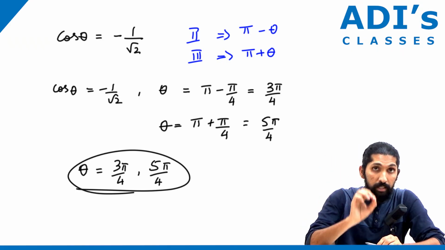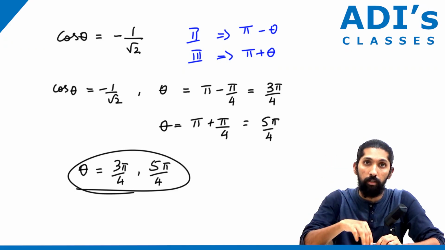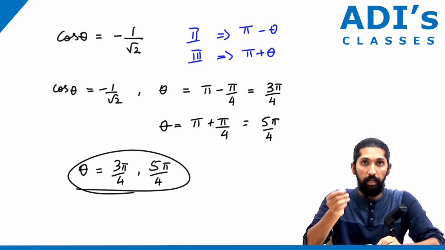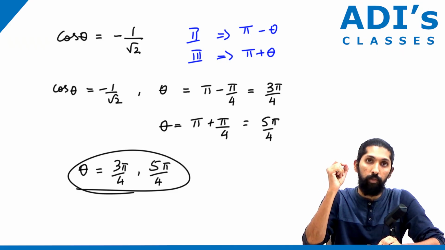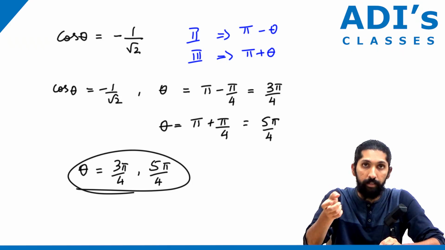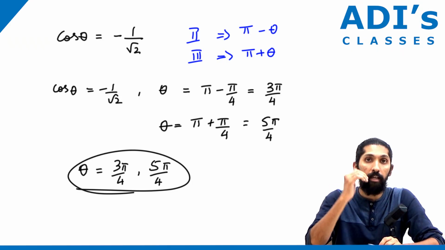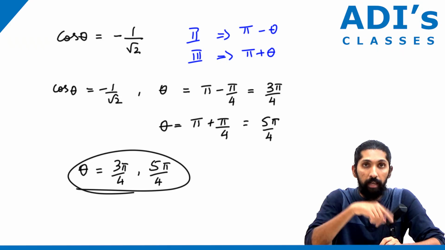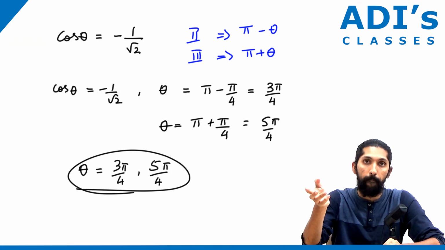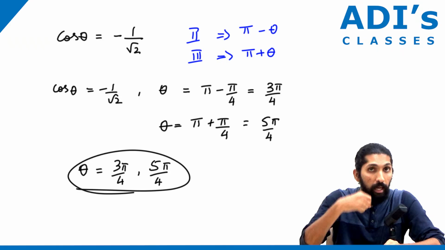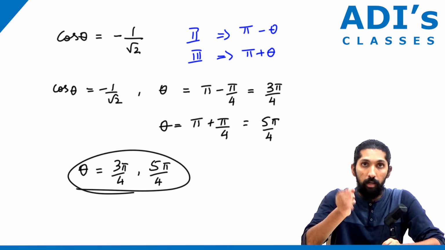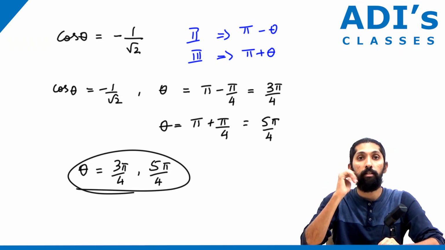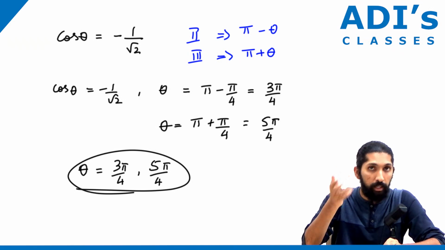Now this is the basis of trigonometric equation. Because think about it, if you get an equation, you have to get a value for x, correct? Like for example, if I take x square is equal to 1, x is plus or minus 1. So you are going to get a value for the variable. Now trigonometric equation has trigonometric functions as the variable.